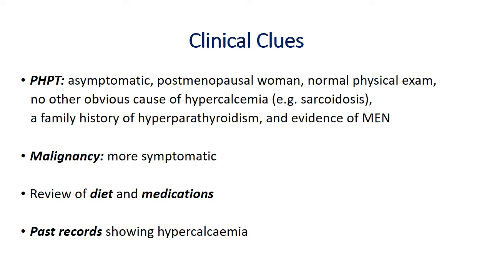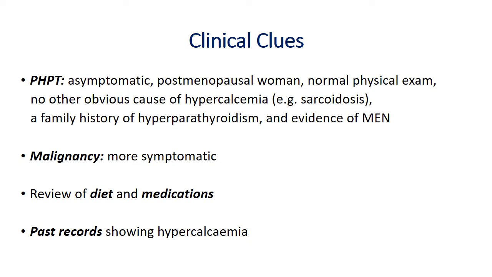Now, if you look at the clinical clues as to the etiology of hypercalcemia, in primary hyperparathyroidism, most of these individuals present with milder forms of hypercalcemia, and they are usually asymptomatic. However, being asymptomatic is not always the rule. There could be some patients who present with the symptoms and signs that I was talking of in the earlier slide.